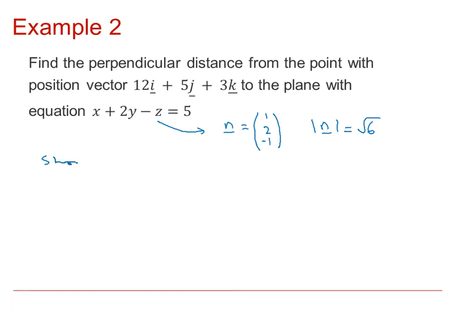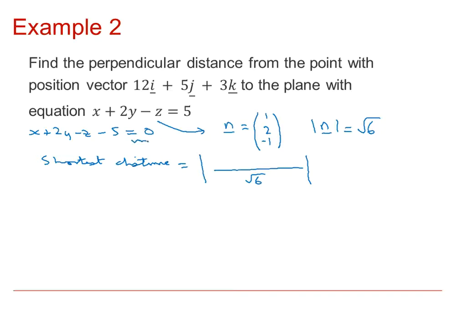So this time when we look for the shortest distance from the given point to the given plane, we take the modulus. The denominator is the magnitude of n, which is root 6, and in the numerator we need to sub in (12, 5, 3) into the appropriate form of the plane, and the appropriate form of the plane would be 1x plus 2y minus z minus 5 equals 0.